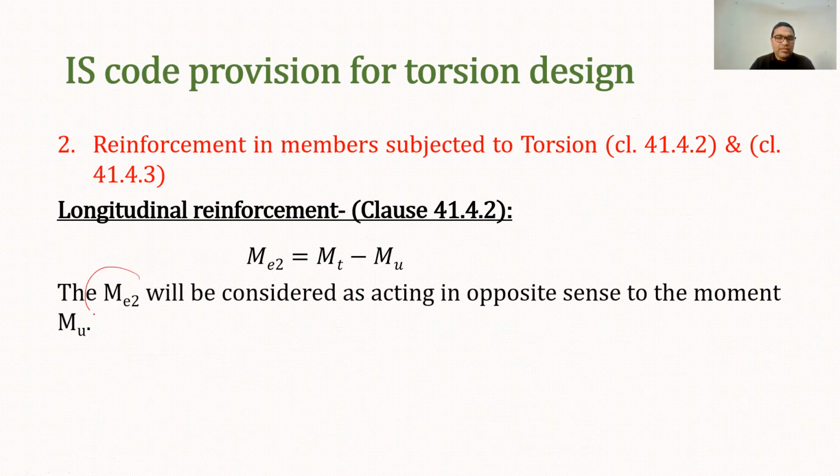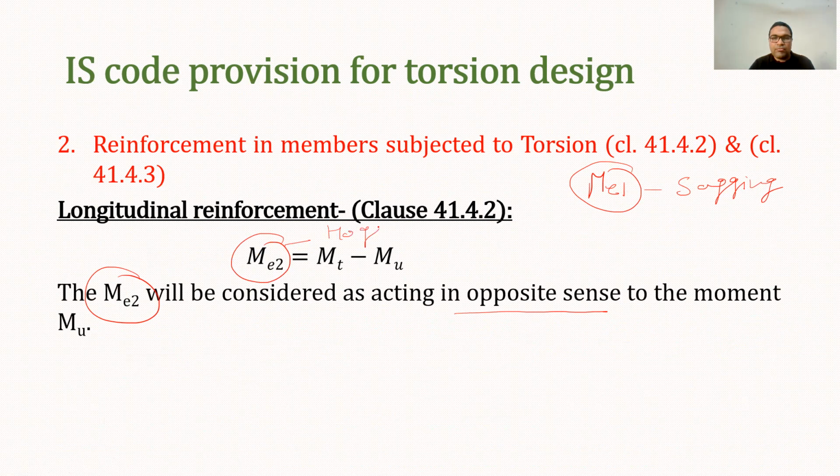The ME2 will be considered as acting in the opposite sense. So for ME1, we will consider the effect as sagging, but for ME2 we will consider it as hogging, and therefore we will provide reinforcement on the compression face. Basically, this is again related to the mode of failure.